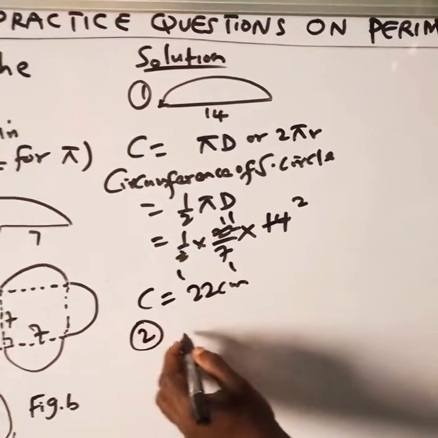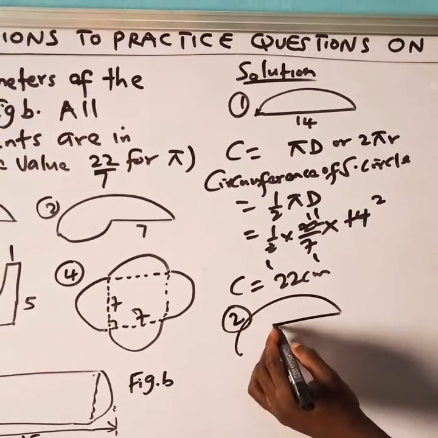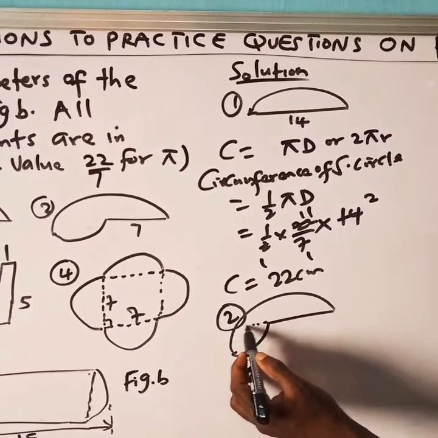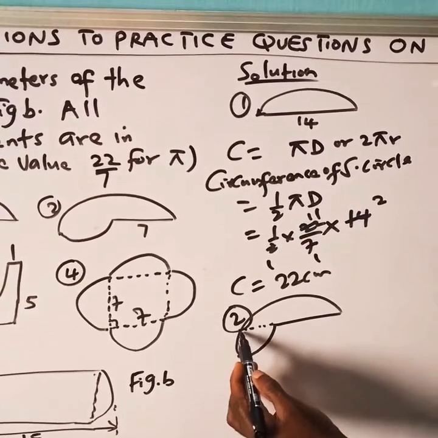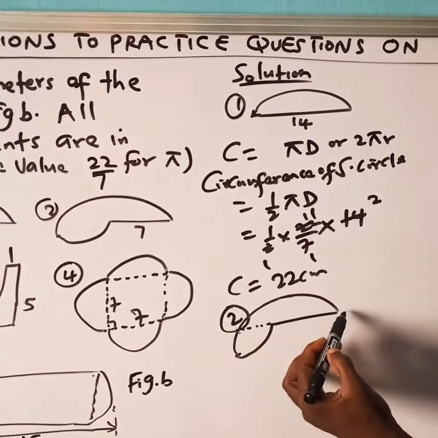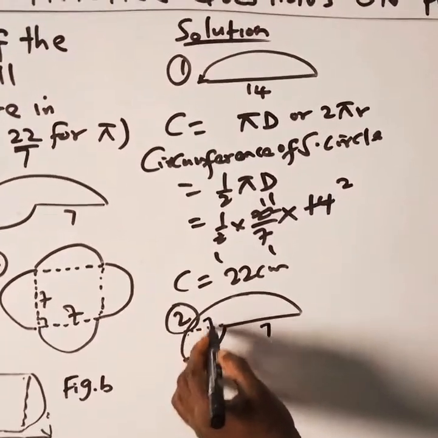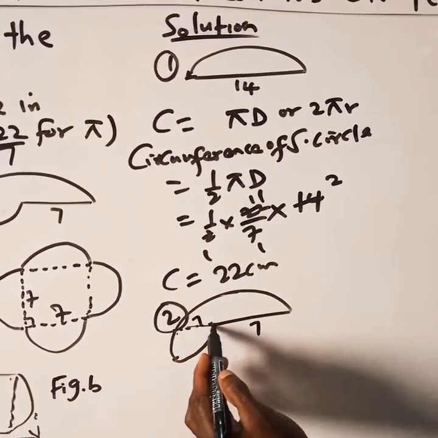Number 2. Now when you look at this shape, we have two semicircles. So the perimeter will be the circumference of this semicircle and the circumference of the other semicircle. If this is 7, this place is also 7 from the diagram. So for the small semicircle, the diameter is 7.